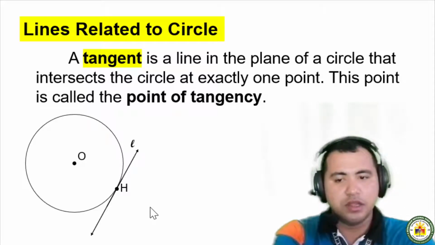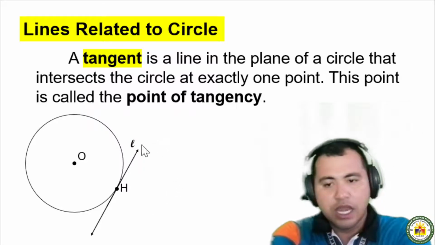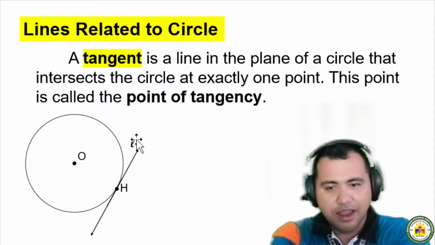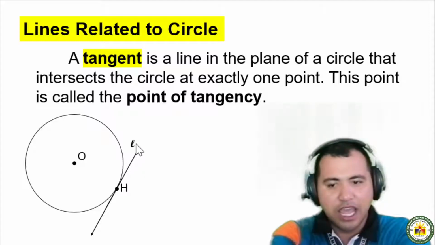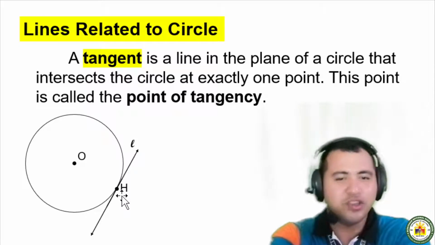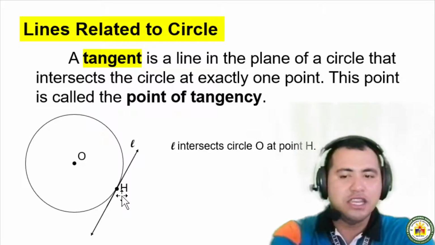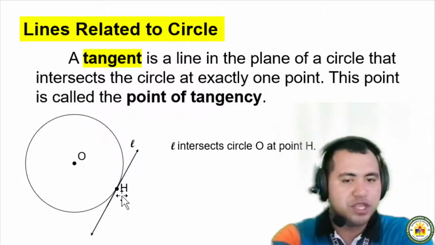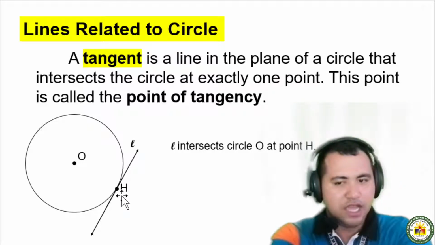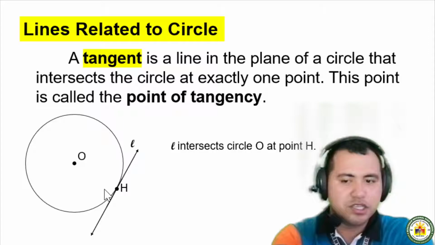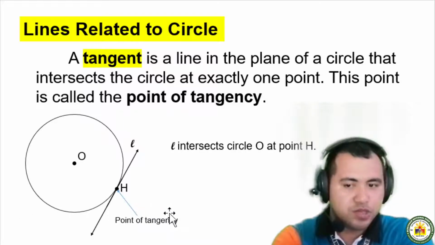For example, that one, we have line L. Line L intersects circle O at point H. Thus, point H is what we call the point of tangency.